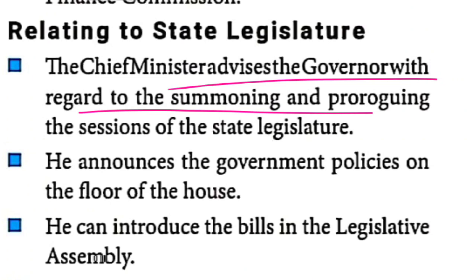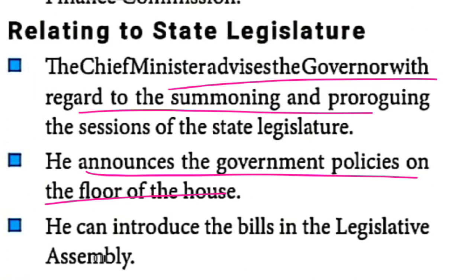The second point given in your book is that he announces the government policies. He has the power to announce the government policies on the floor of the house, that is, in the legislative assembly itself. Then the third point is that he introduces the bills.